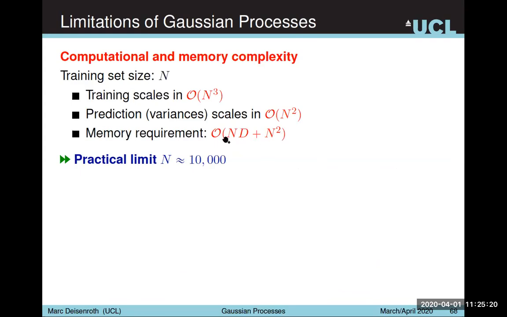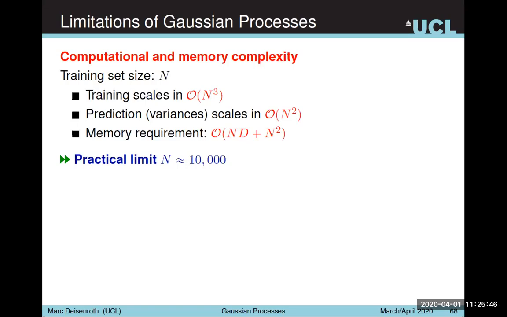And we also need to store the data set, because we always need to evaluate the kernel or compute cross correlations between f of x and f of x star. So storing that requires us n times d, where d is the dimensionality of the input data set.